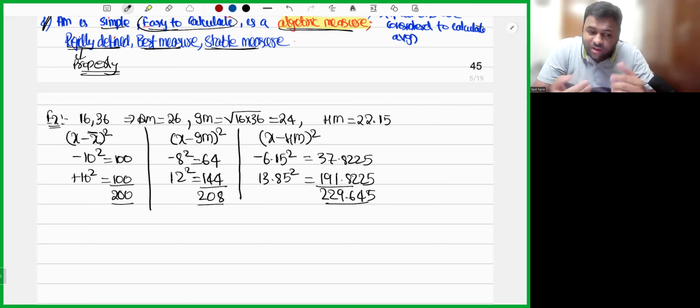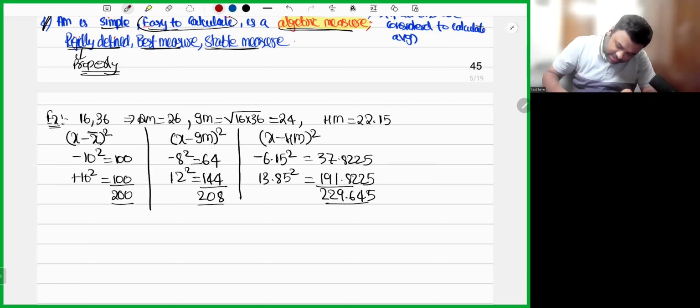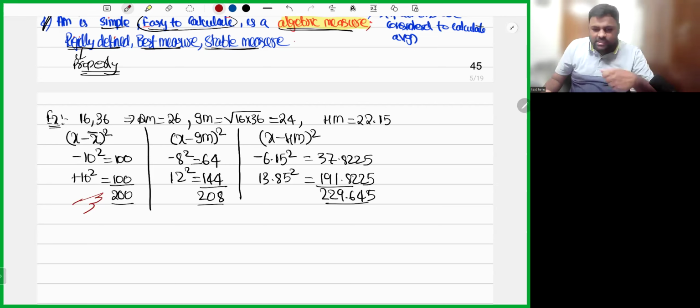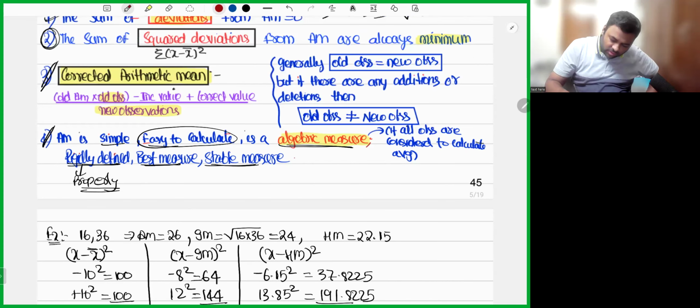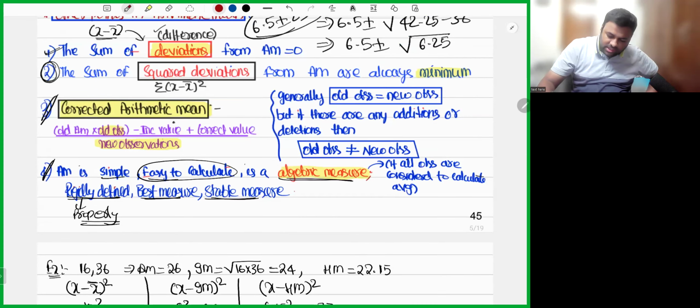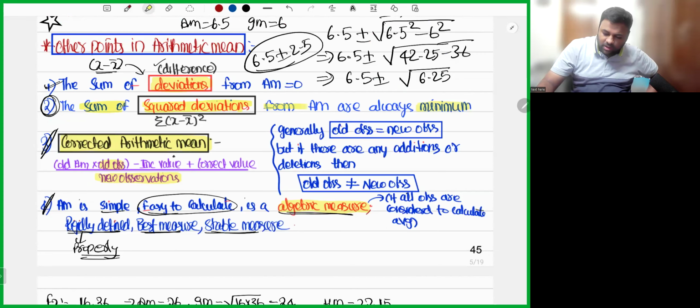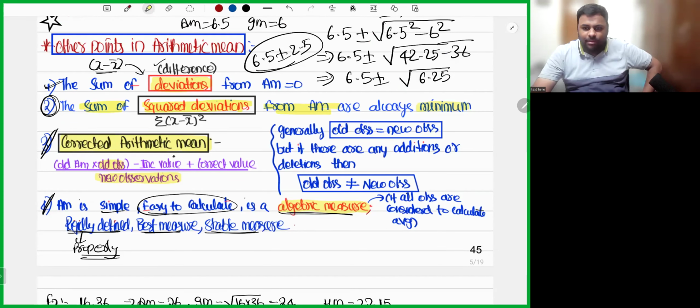From these three, where do you find the least answer? Obviously, sir, the least answer is here, right? That's what I said. Sum of squared deviations from the arithmetic mean is always minimum.